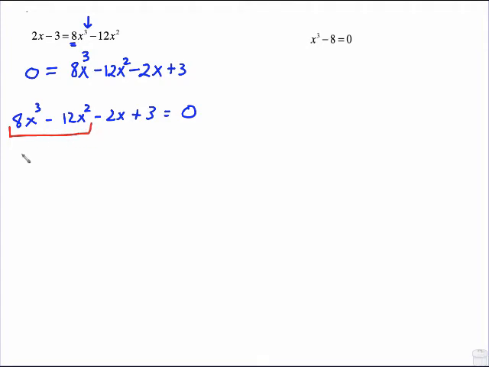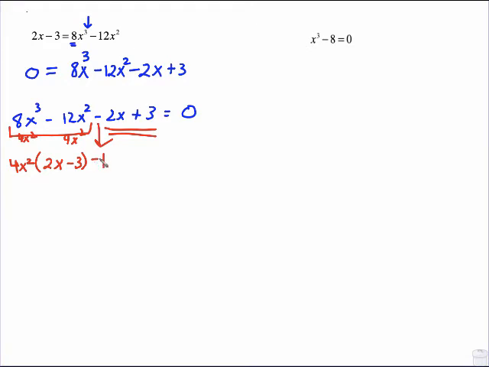For those two terms, the common factor is 4x squared. If you divide 4x squared out of here and here, then what's left inside is 2x minus 3. Minus, so you put the minus there, you look at the 2x plus 3 and think, wait a minute, there is no common factor, but we do have to have a common factor placeholder. So this would have to be a 1.